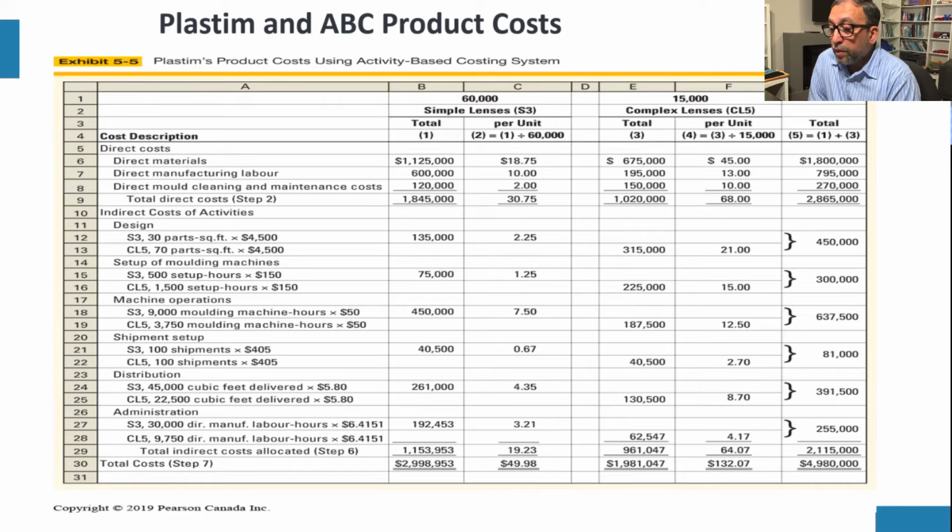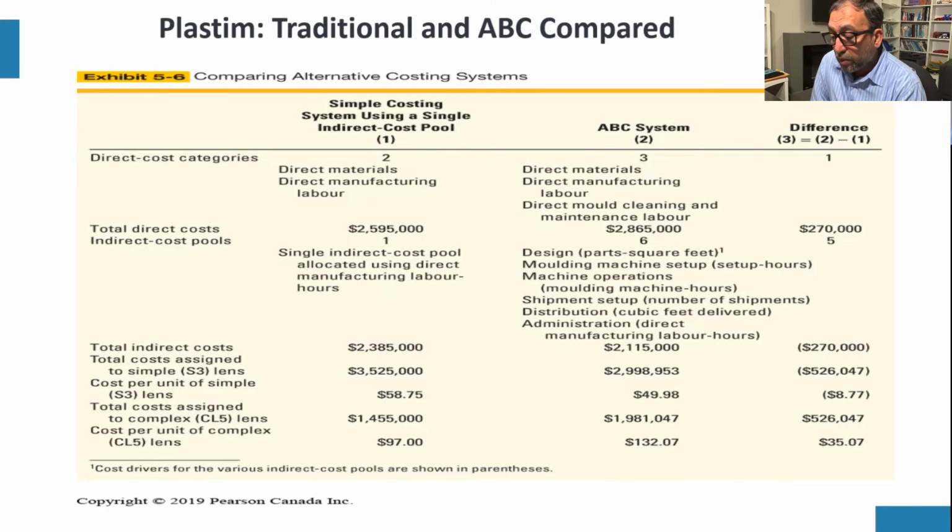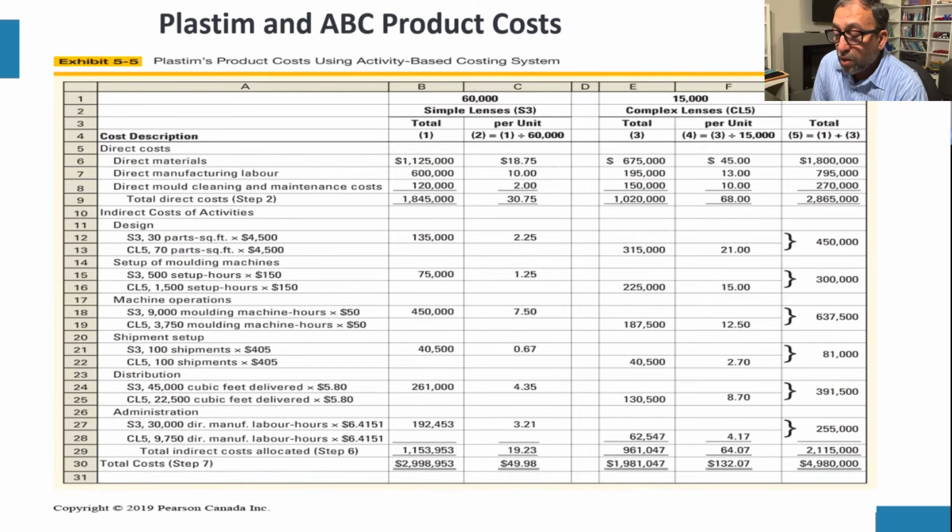Now again, the same thing, but in a different way. The first two things are the same as in the standard costing: direct material and direct manufacturing labor.